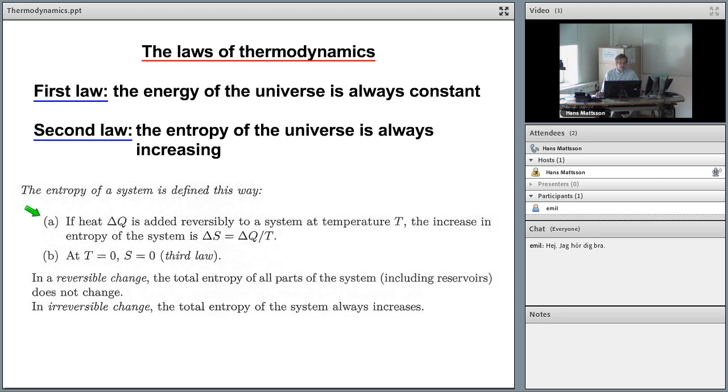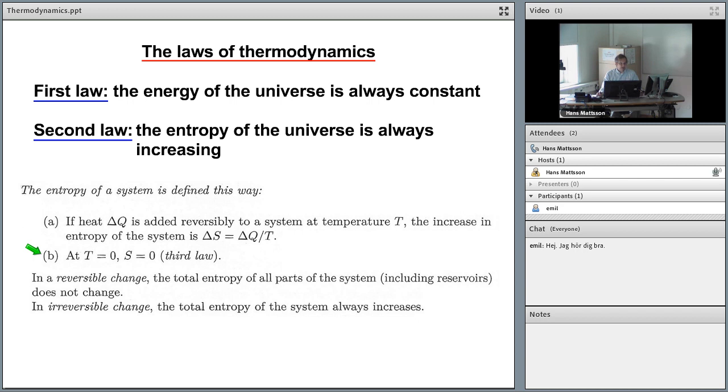So we can see that the entropy has the unit joules per degree temperature, and the entropy is a state function also. It says something about the state of the matter.